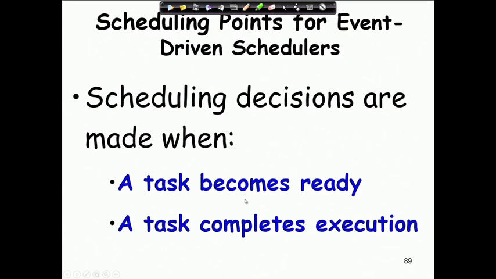So, these are two events of concern, either when a task instance becomes ready or a task instance completes execution, then the scheduler wakes up, the code for the scheduler starts running to decide which task to run next. So, that is a very basic principle of these event driven schedulers. Now, let us look further.